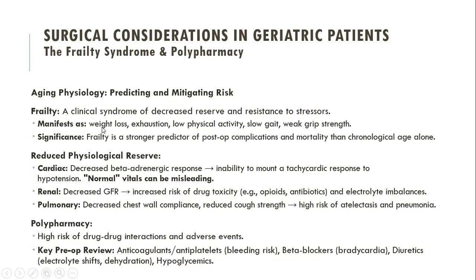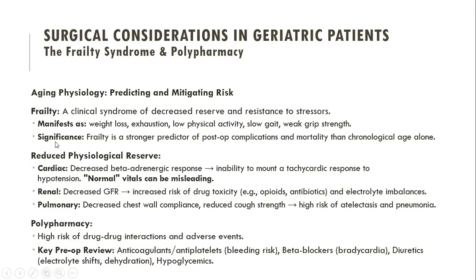It basically manifests as weight loss, exhaustion, low physical activity, slow gait, and weak grip strength. So basically, the patient has some kind of exhaustion. The patient will not be having any kind of physical activity. The patient will be having problems in the gait. So it has basically decreased resistance to the stressors.